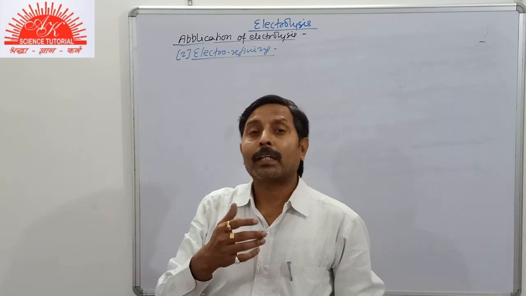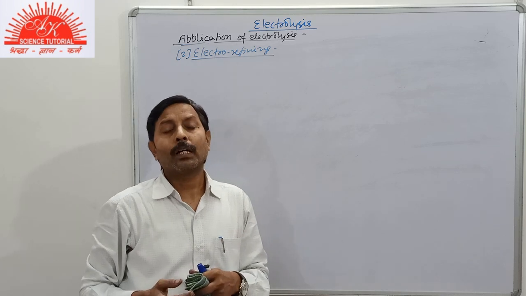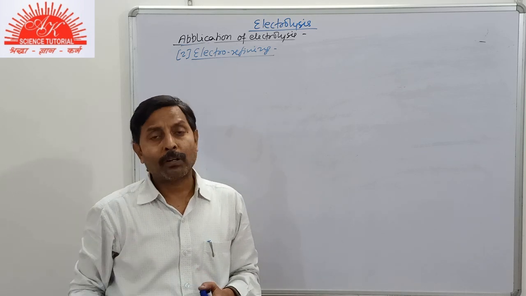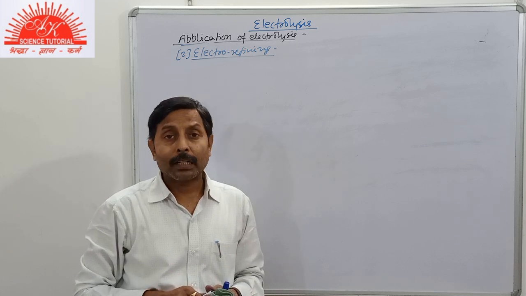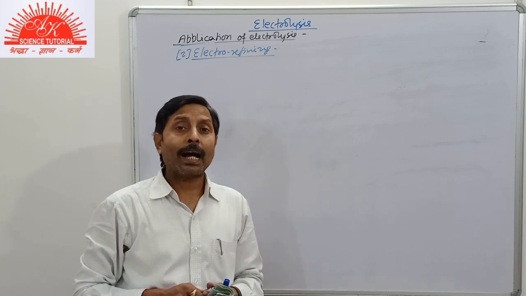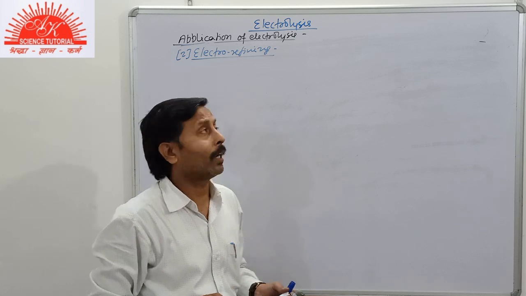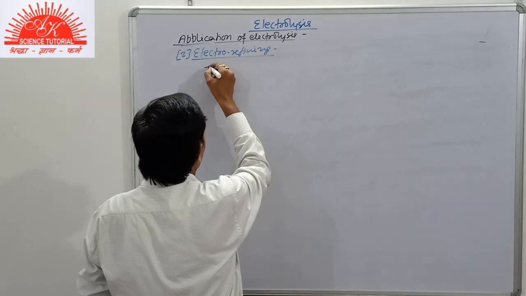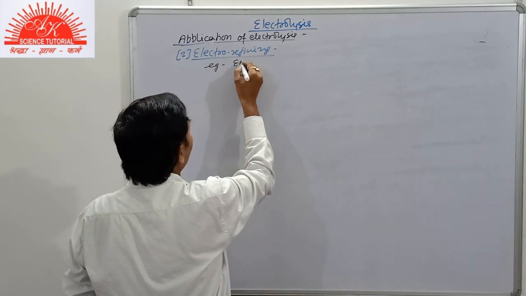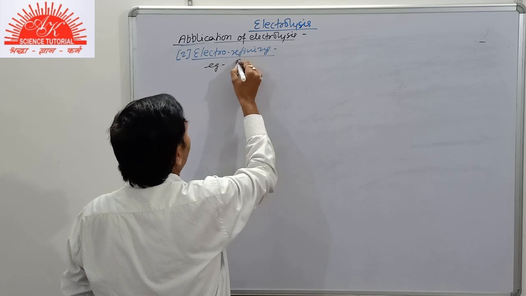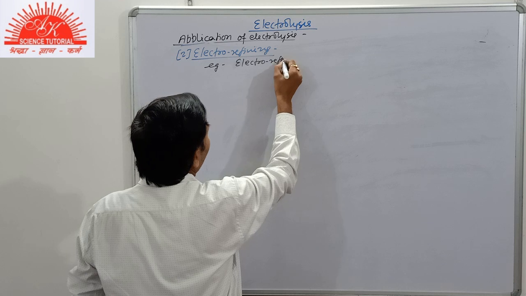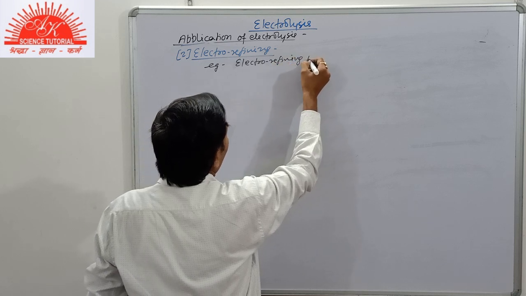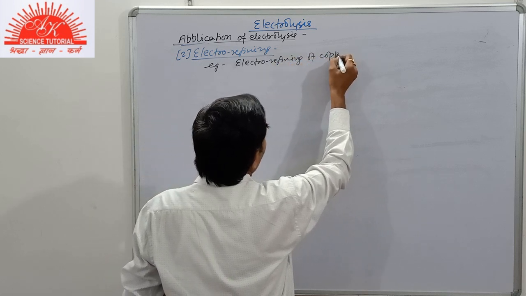That is, when metal is extracted from its ore, then it is required to be refined. The metals like copper, zinc, etc. are refined by electrolysis. So here we have an example, electro refining of copper.